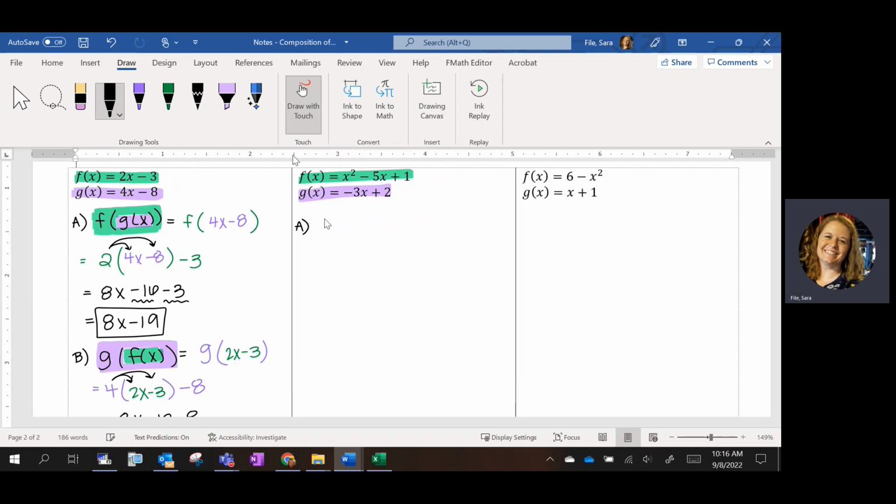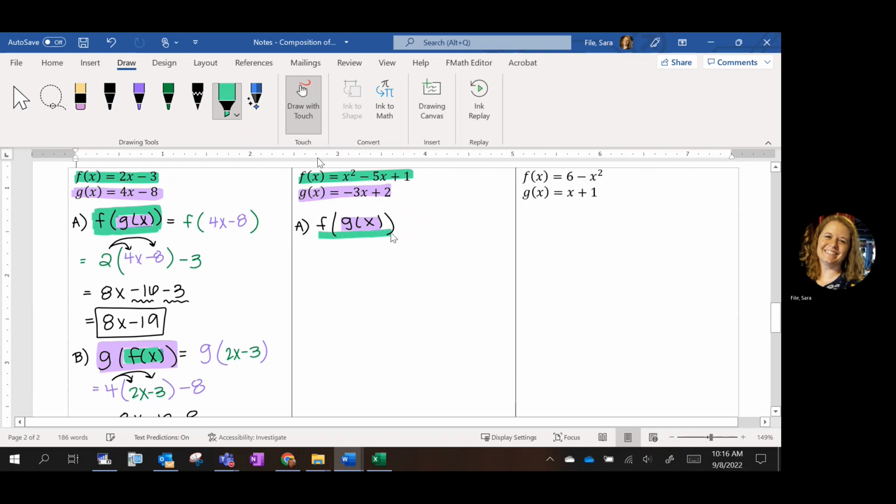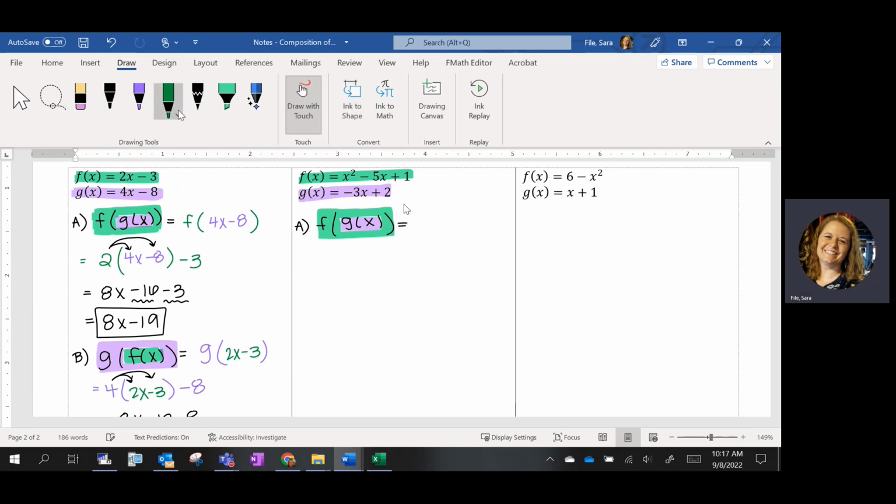Okay, so here's what the f of g of x looks like. And I'm going to keep doing my highlighting to color code for you. So that means the f is the outer function, and I'm going to input the g function, which is negative 3x plus 2.